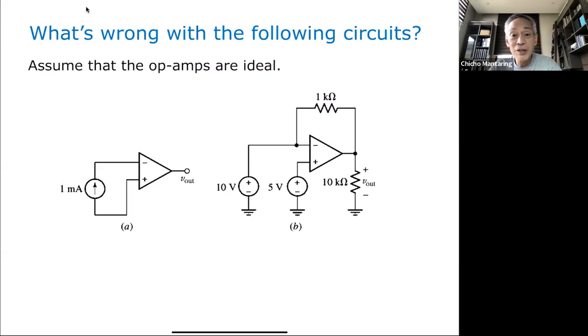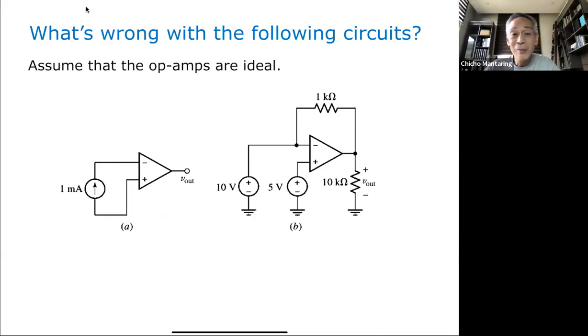Okay? So this is worst case, if you try to connect these voltages to an op-amp, ang worst case na mangyayari, masusunog yung op-amp mo. Ito rin, if you try to connect this circuit to an op-amp, ang worst case na mangyayari, masisira yung op-amp mo.